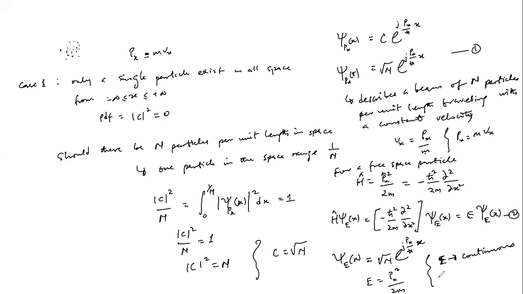This property is very important, meaning the energy of the wave function is continuous in free space. Because as we see in the case of quantum wells, the energy in quantum wells or in confinement is discrete, is quantized. But in free space, it is observed based on this relationship that the energy is continuous.